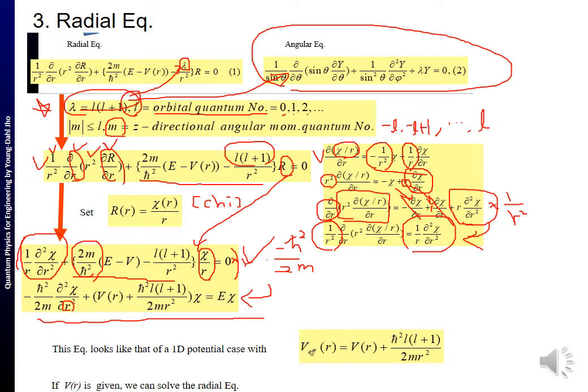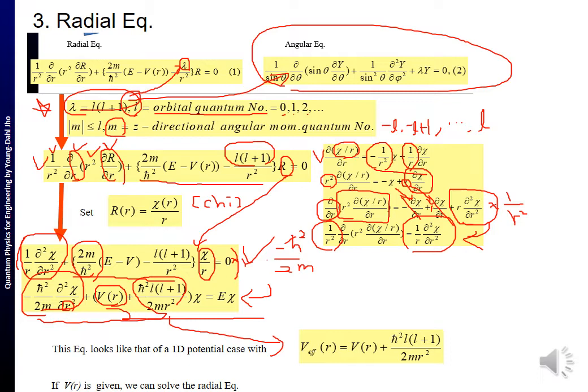And then to look at the structure, we saw this structure many times: minus h bar square over 2m, round square something, round something square, in many one-dimensional problems. And this one has a potential and then an additional part, so we replace this by V effective.